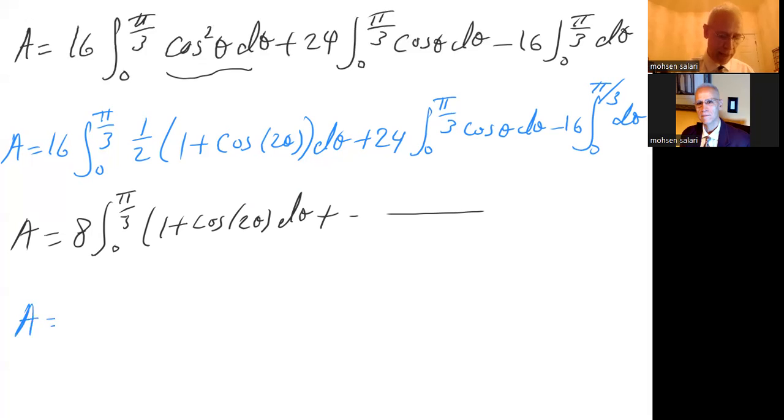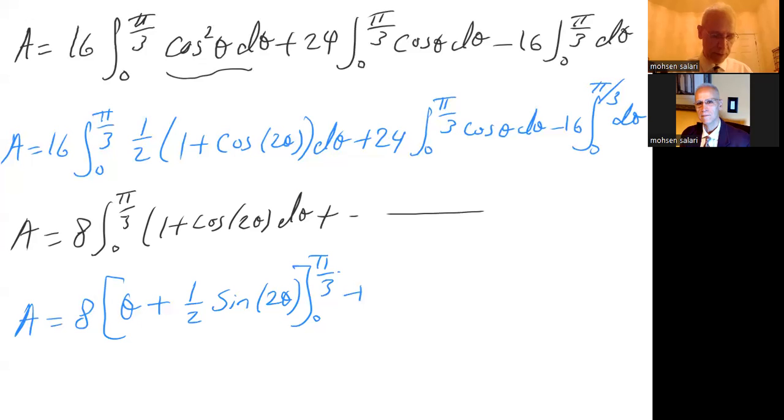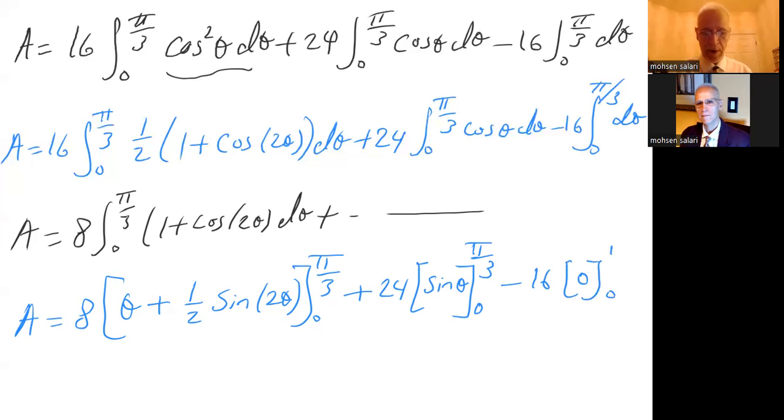So area equals 8 times the integral of 1, which is just theta, plus, using the chain rule in reverse, 1/2 sine of 2 theta, and that's from 0 to pi over 3, plus 24 sine of theta from 0 to pi over 3, minus 16 times theta from 0 to pi over 3.